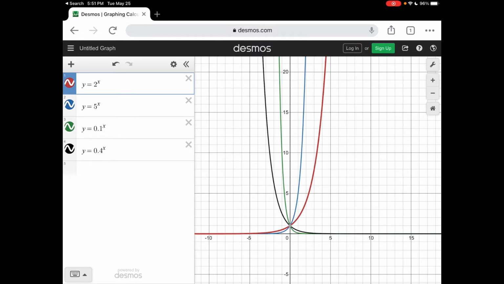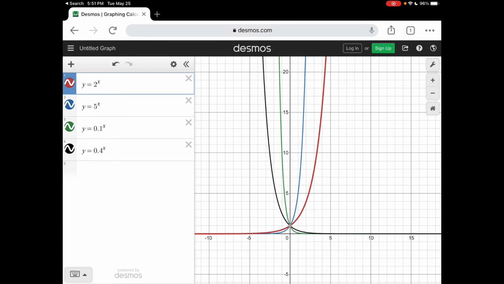Okay? So a few things that we learned from this is that when you have a 0.4 or a decimal or anything that's under 1, you're going to have a graph that is declining, right? And if you have a whole number like an integer, it's rapidly increasing.